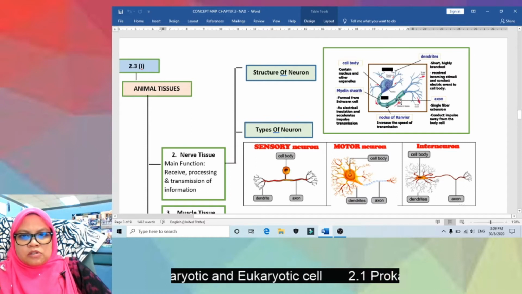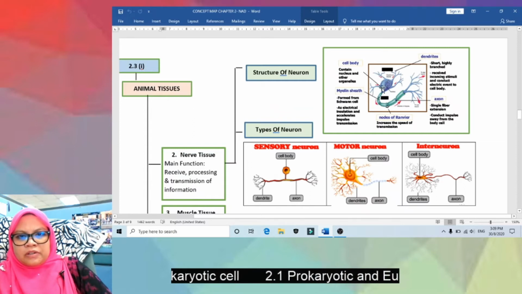Okay, so as you have learned in your secondary school, neuron may have three main components. Okay, the cell body, the dendrite, and also the axon. The dendrite is the part that carries impulse toward the cell body. Okay, and then the cell body contains nucleus and other organelles.